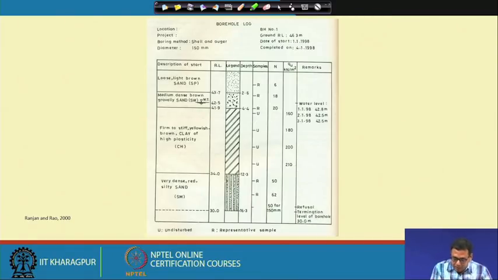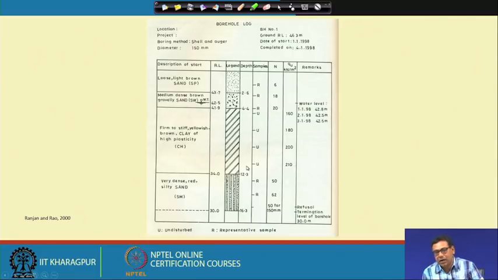So, that means here you can see this portion is clay soil, where we can collect the undisturbed soil sample, but these are all sand, where the collection of an undisturbed soil sample is very difficult. So, that is why we are collecting the disturbed sample or the representative sample. In the sandy soil we get the N value, because we are not able to collect the undisturbed soil sample.